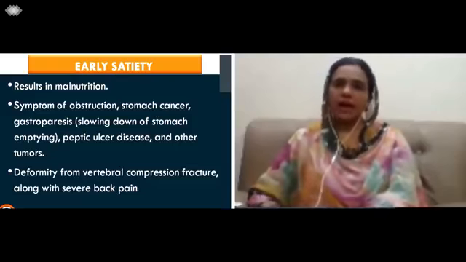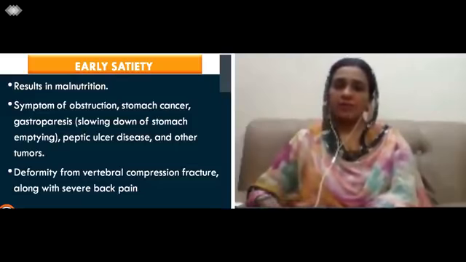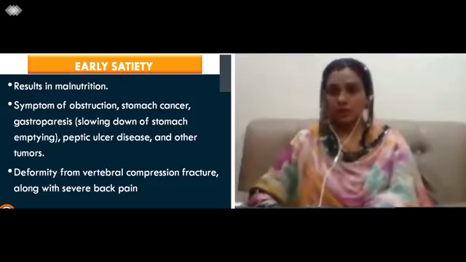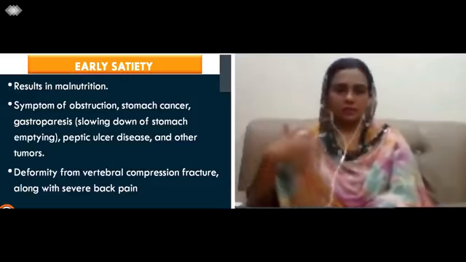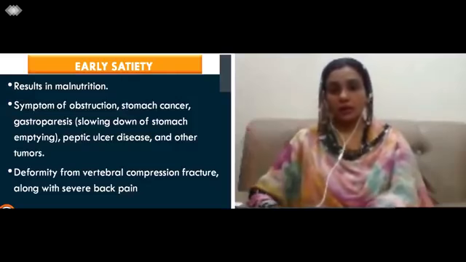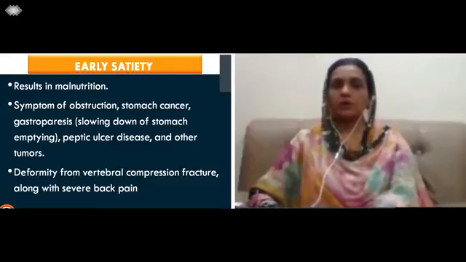The reason behind early satiety can sometimes be a manifestation of some kind of obstruction in the GIT, as food is not properly evacuated from the system. That's why it leads to the symptom of satiety. On the other hand, stomach cancer can sometimes be a possible cause.